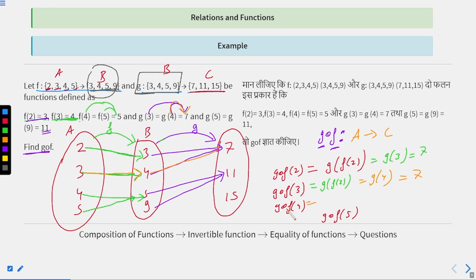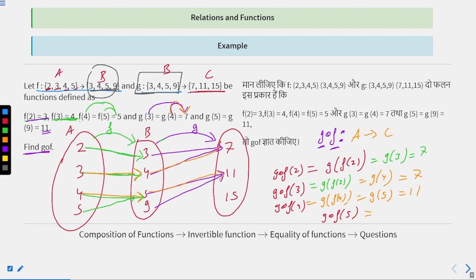Now g of f of 4: f of 4 is 5, so g of 5, and g of 5 is 11.